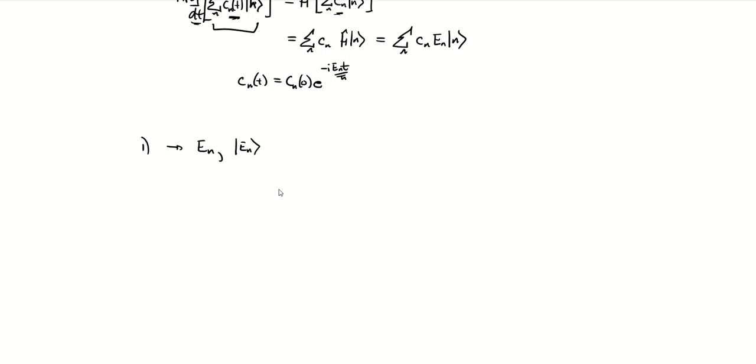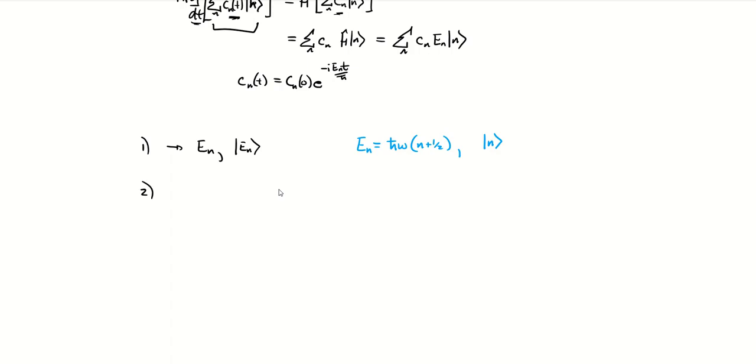For the harmonic oscillator, the nth energy eigenvalue is just h bar omega times n plus 1/2, and our energy eigenstates are just those n states.